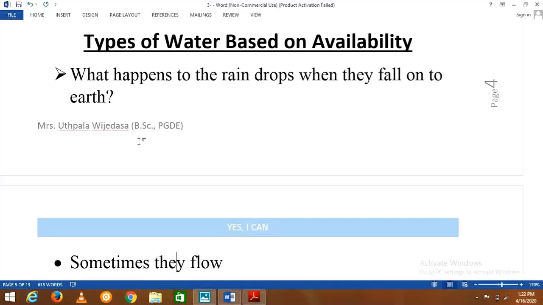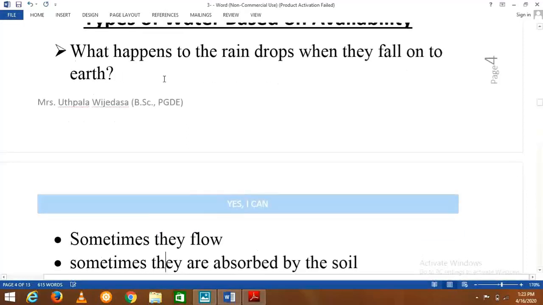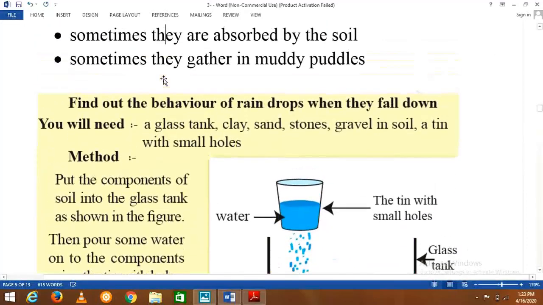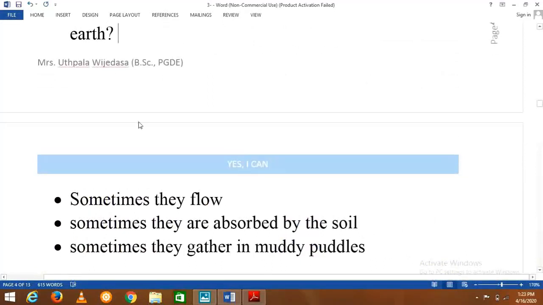What happens to the raindrops when they fall onto the earth? In order to learn about the types of water based on availability, we have to think of this. What happens to the raindrops when they fall onto the earth? So what are the things that are possible? Sometimes that water flows on the ground. Sometimes a certain amount of water is absorbed by the soil.